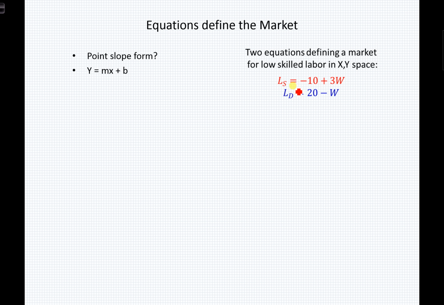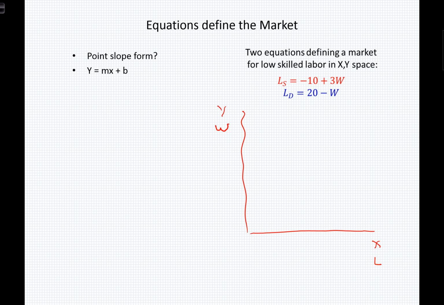Well, this looks like a point slope form in some respects, but let's think about what we're really seeing here. The point slope form of an equation algebraically is y equals mx plus b. If we think about this form, we've got some y-axis and some x-axis, but we know that on the x-axis we have labor, and on the y-axis we have wage.